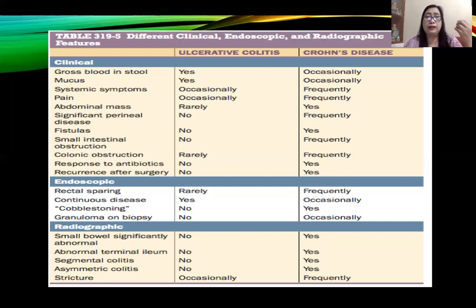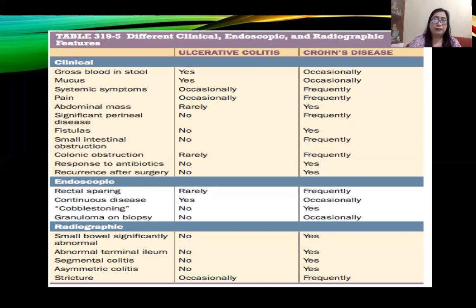While in ulcerative colitis, there is no normal mucosa that you can appreciate because it is a continuous disease. Okay? So you also appreciate cobblestoning in Crohn's disease, but you don't see this in ulcerative colitis. And you may see granuloma in Crohn's disease, which is absent in ulcerative colitis.